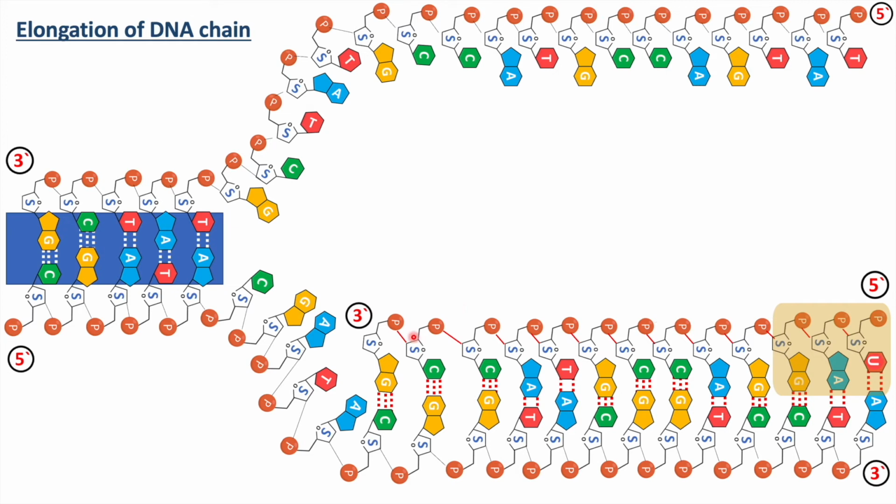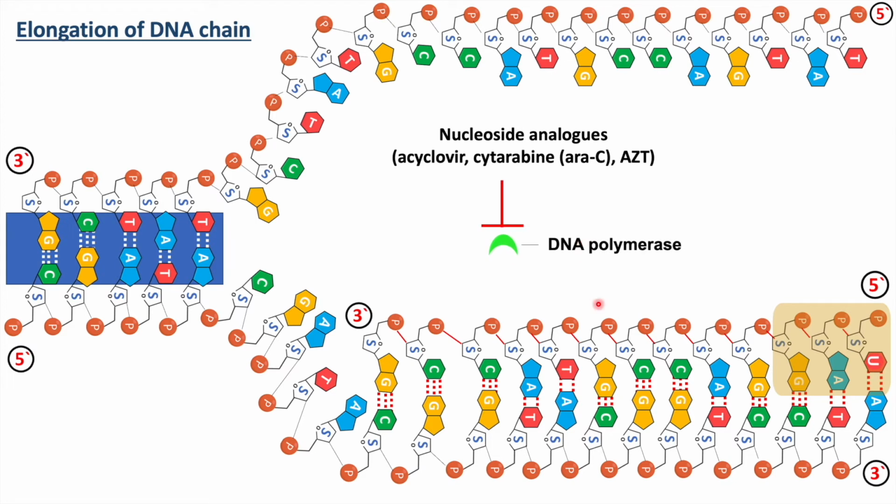I also want to mention the importance of the 3'-hydroxyl group. There is a class of drugs called nucleoside analogs. These are acyclovir, cytarabine, and azithromycin. These are antiviral medications used to treat herpes simplex virus, chickenpox, as well as shingles. What they do is inhibit the DNA polymerase enzyme.